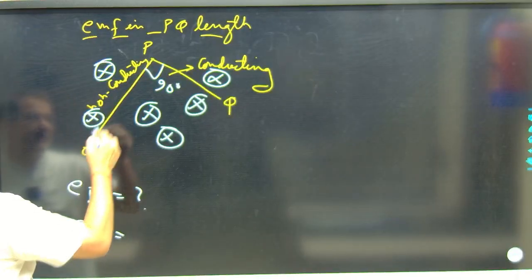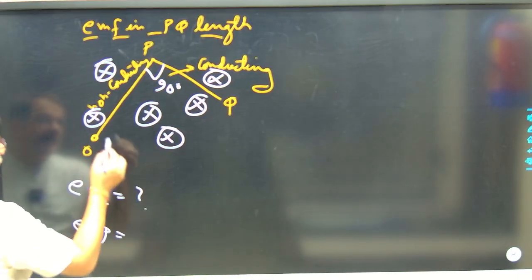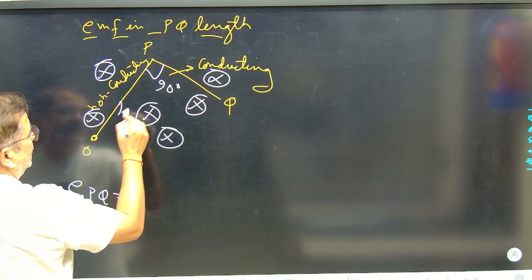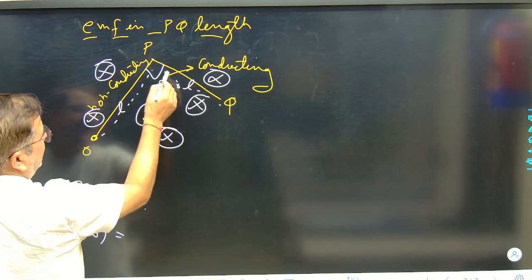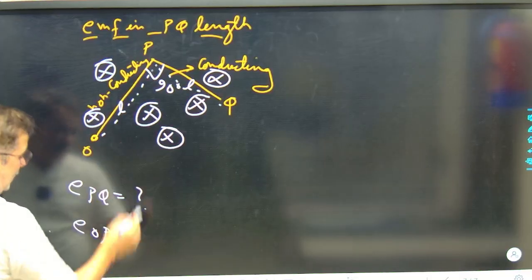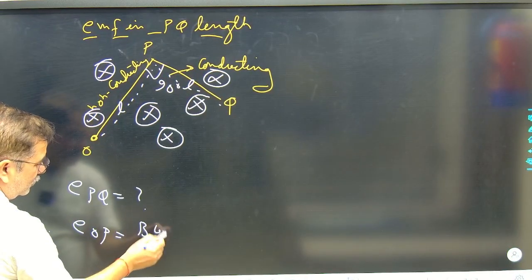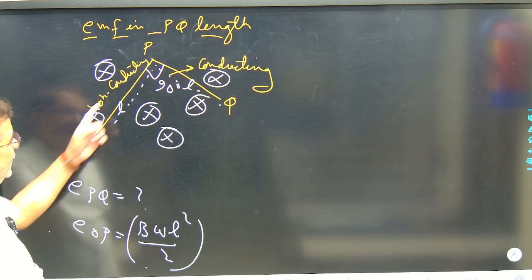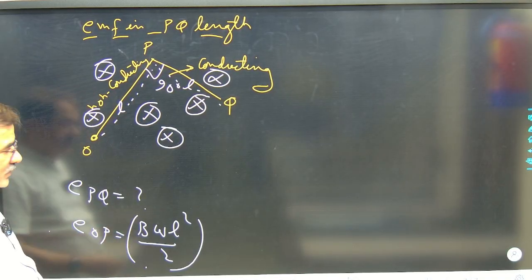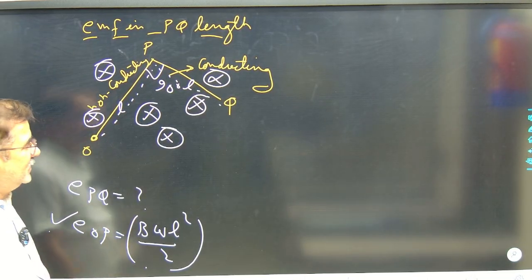First, I say the length OP has EMF for length L. Say this length was L, and the other length is also L, both lengths are L each. EOP will be B omega L square by 2, had it been conducting.